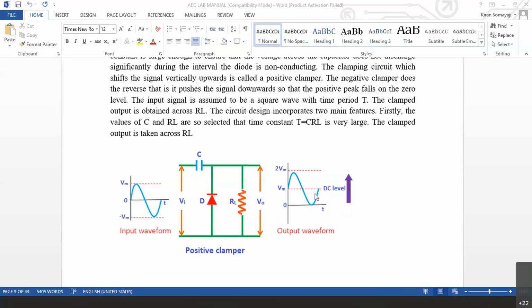How it has happened that way, I'll tell you later when I explain the circuitry. But now, you can understand what is meant by clamper. It is called positive clamper because the waveform is clamped upwards. It is clamped to the positive side. Now AC has become DC, which means what?